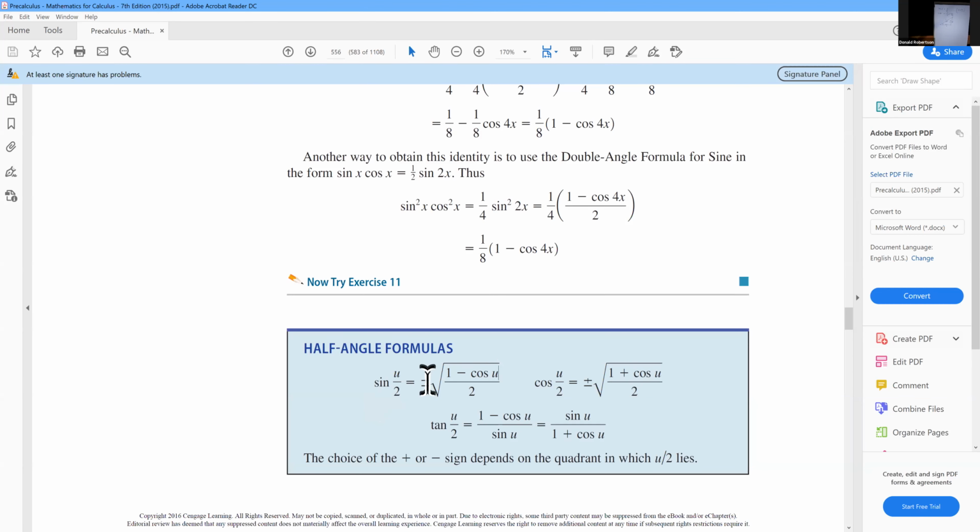So the sine of 15 would be 1 take away the cosine of 30 over 2. So whatever angle you find the exact value of, twice that angle goes here. And you're good to go. The reason it has a plus or minus is that if the angle you're trying to get is in the first, second or third quadrant, it might be positive or negative, and it depends on your quadrant.